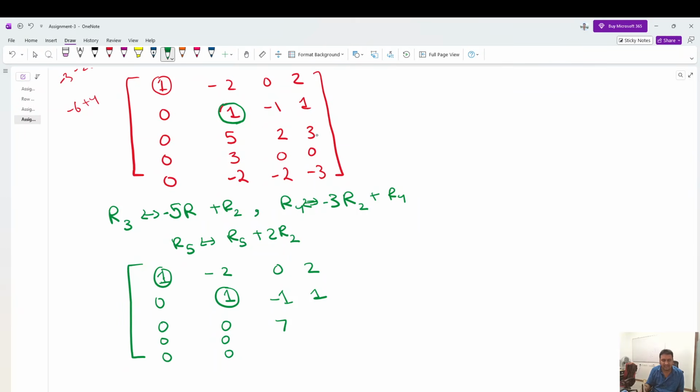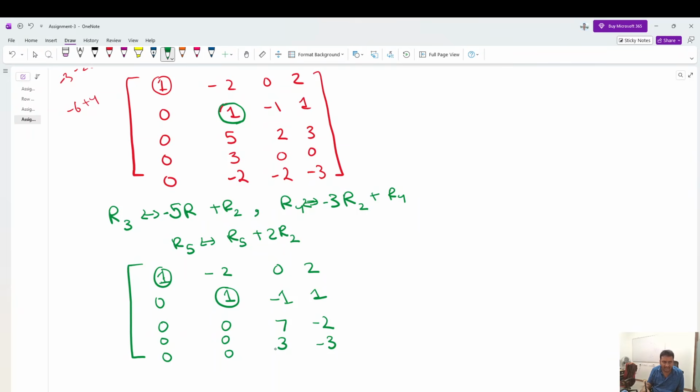This 3 minus 5, meaning minus 2, right? Similarly here, 0 minus 3 into minus 1, which is 3. 0 minus 3 into 1, which is minus 3. And then the last one is, yeah, 2.